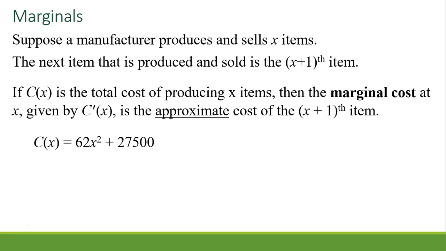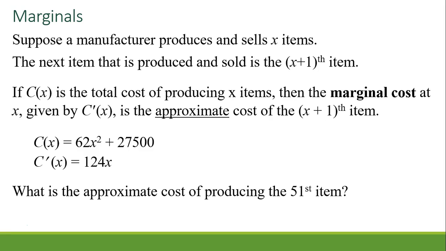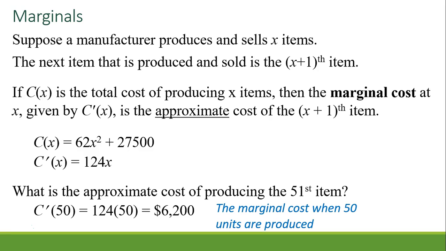So if we wanted to approximate the cost of the 51st item for this function, we would find the derivative of the cost function, and then we would approximate the cost of the 51st item by evaluating that derivative at 50. And we would find that the approximate cost of the 51st item is $6,200.